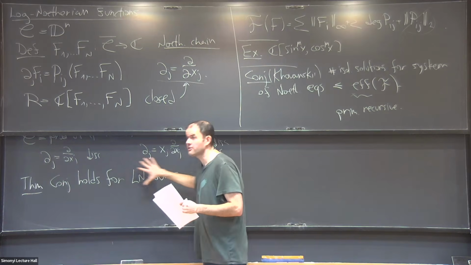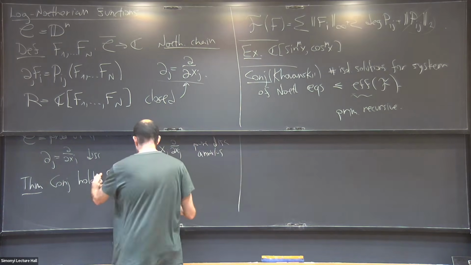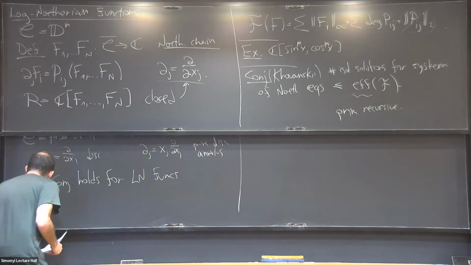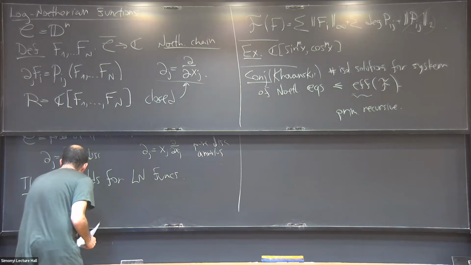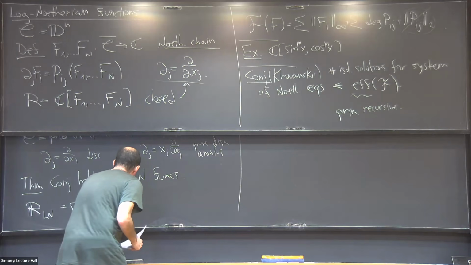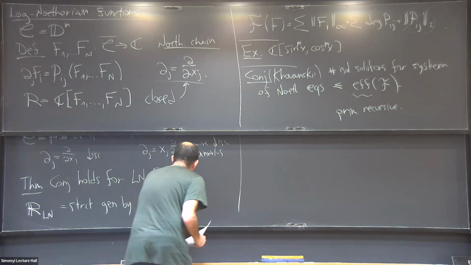This in particular implies the Khovanskii conjecture. And let me give a more general form of this theorem. I'll denote by R_LN this structure generated by all LN functions.